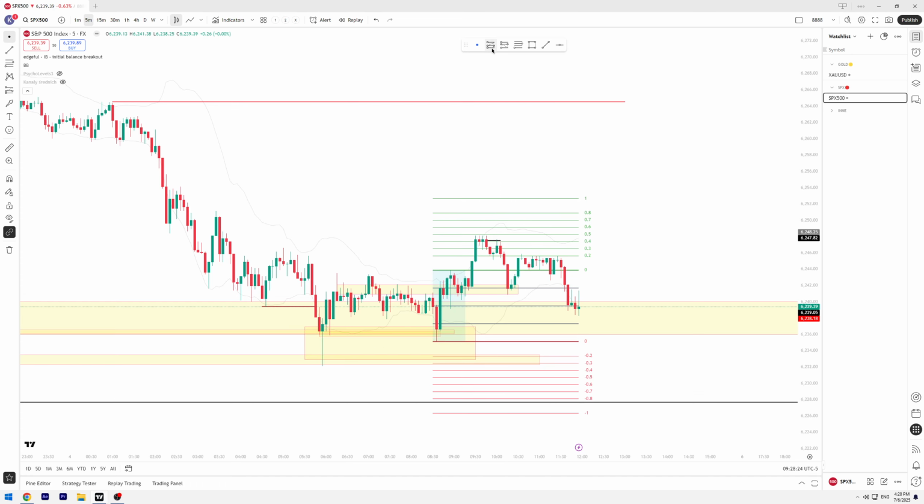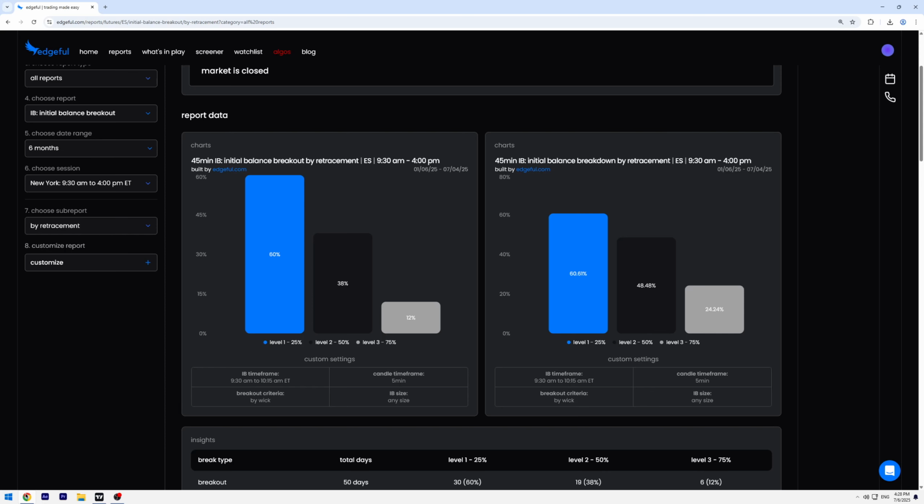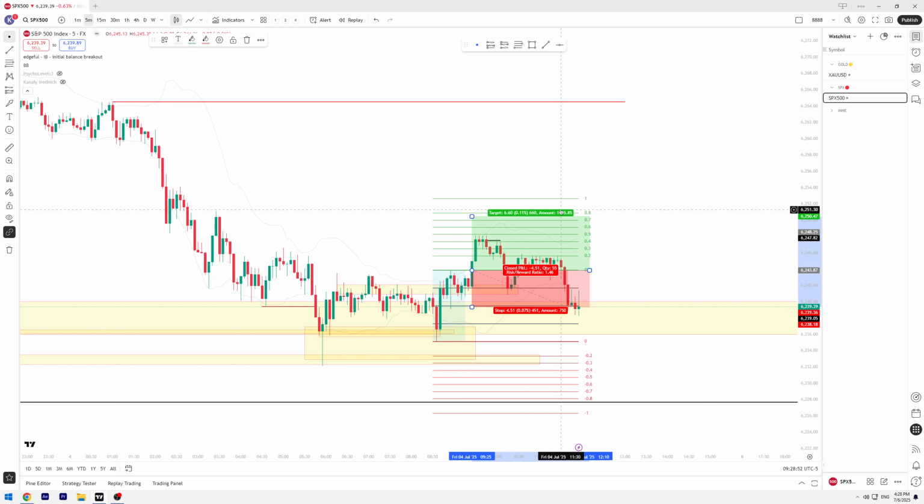It's a good idea to always check the reports and then set your stop loss, for example, under the middle one, which is the 50%, and it will be an edge because the price only goes there 38% of the time, so it's more likely to not hit your stop loss.